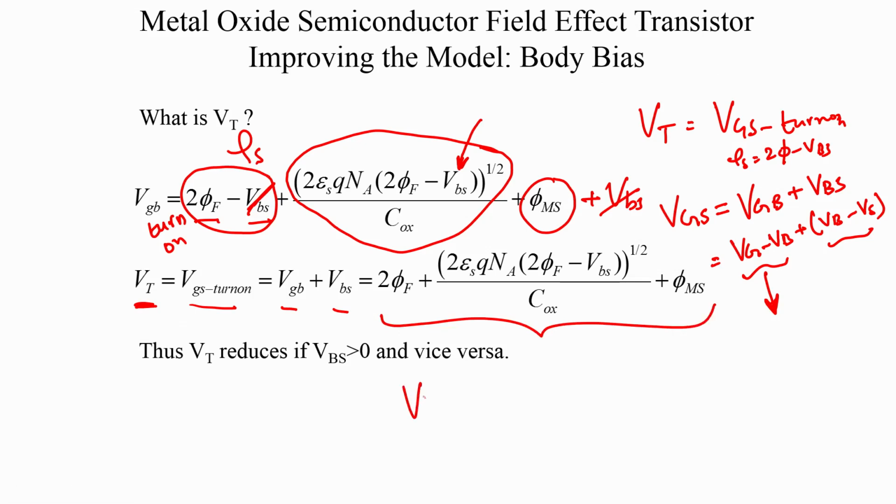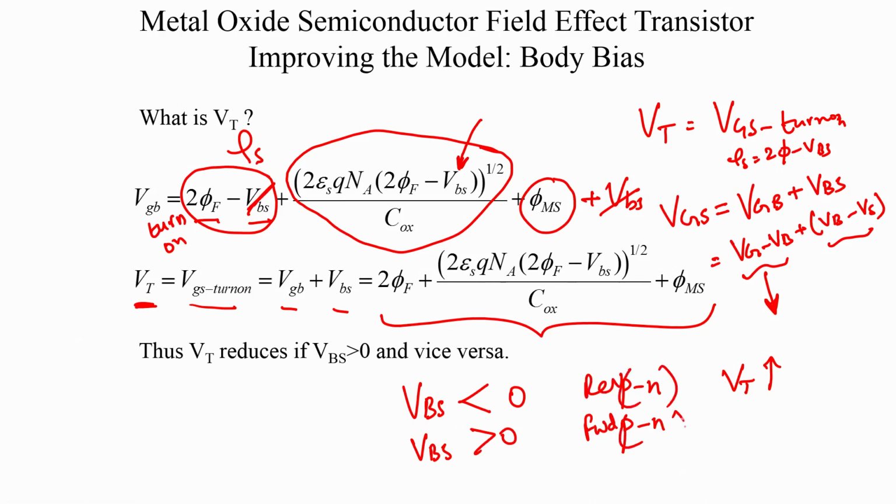So, if the body to source voltage is less than 0, which means if you reverse bias your PN junction, then the threshold voltage will have to increase. And if the body to source voltage is greater than 0, which means you forward bias your PN junction, then your threshold voltage will decrease, and you can see that happening here.